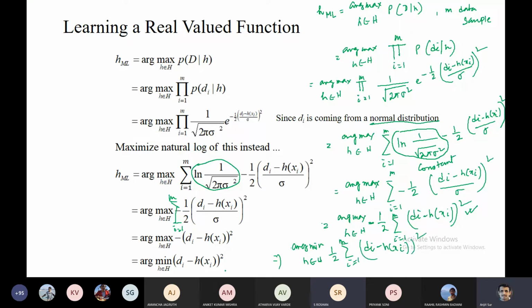So this is the thing. Are you familiar with this? What is this? This is the loss function of linear regression.